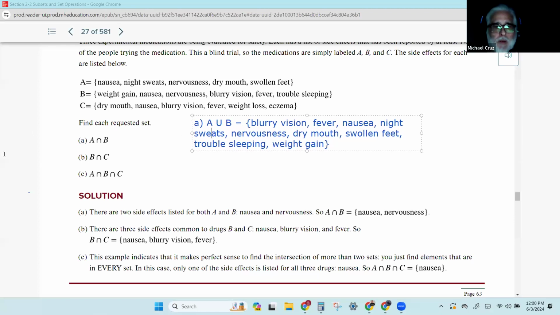So what we can do is you can kind of come up here and look. So we got blurry vision, fever, nausea, night sweats, nervousness, dry mouth, swollen feet, weight gain, trouble sleeping, and we already got nervousness. So that's all of them.